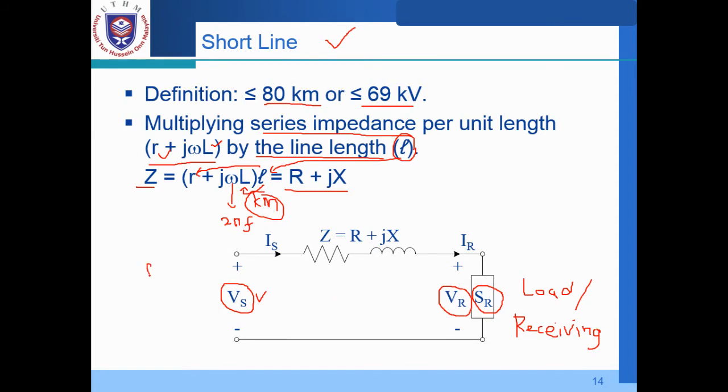The left is the supplying part. In between we have Is, the sending current, as well as the receiving current, and also the impedance of the transmission line, consisting of R and XL over here.